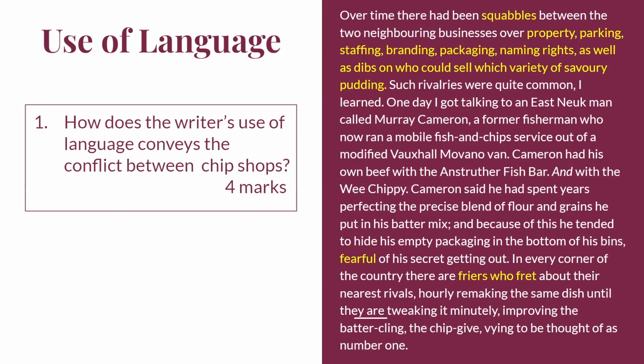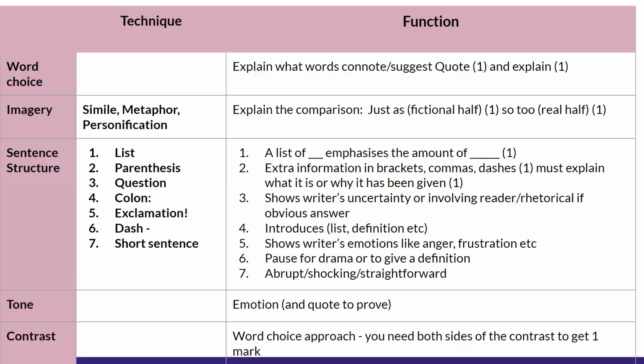Okay, so in yellow, a couple of things that you can put here. Squabbles; property, parking, staffing, branding, packaging, naming rights, as well as dibs on who could sell which varieties of savoury pudding; fearful; and friars who fret. If you struggled, take those and try to answer the analysis question. You would quote it, and if you've forgotten, feel free to go back, even take a picture or a screenshot of this.